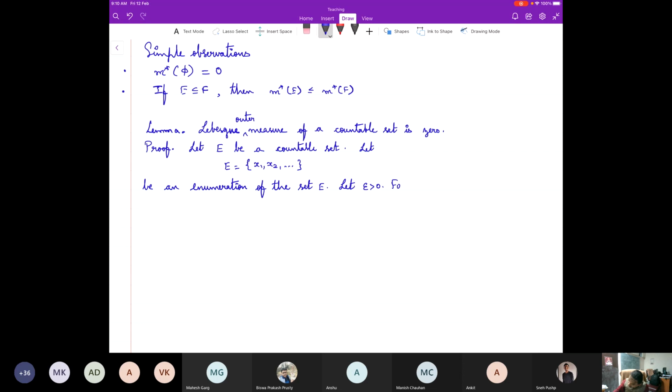Now, for each k in N, let I_k be the open interval, of course our interest is only in open intervals, (x_k minus epsilon upon 2 raised to the power k plus 1, x_k plus epsilon upon 2 raised to the power k plus 1).